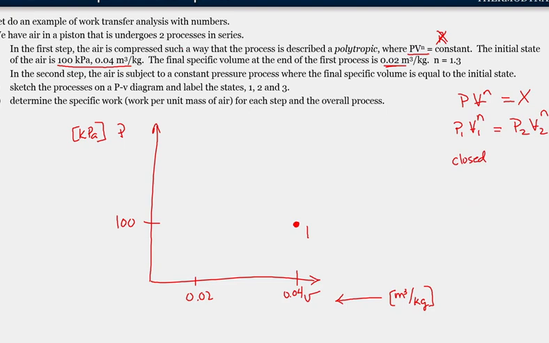Why is that important? It tells us that the mass in this system is constant, which means this expression, which is in terms of the absolute volume, is equally valid for the specific volume. So take each side of this expression and divide it by the mass raised to the n power.